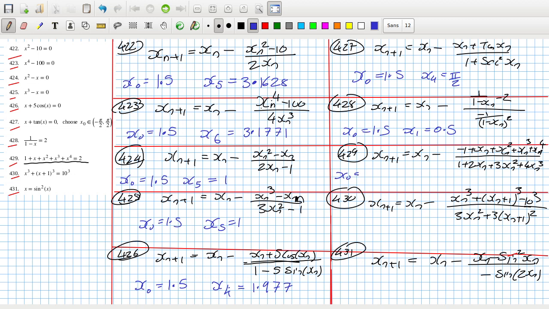So if I start here at 1.5, and iterate 1, 2, 3, 4, 5, 6, 7, 8, 9, 10, 11, 12, up to 26, it's kind of oscillating between 2.